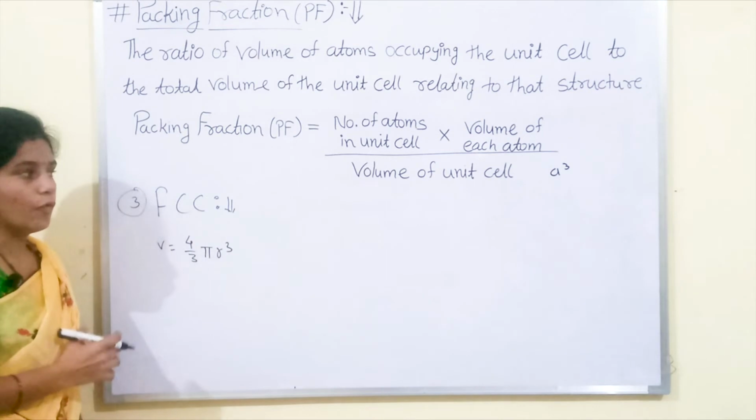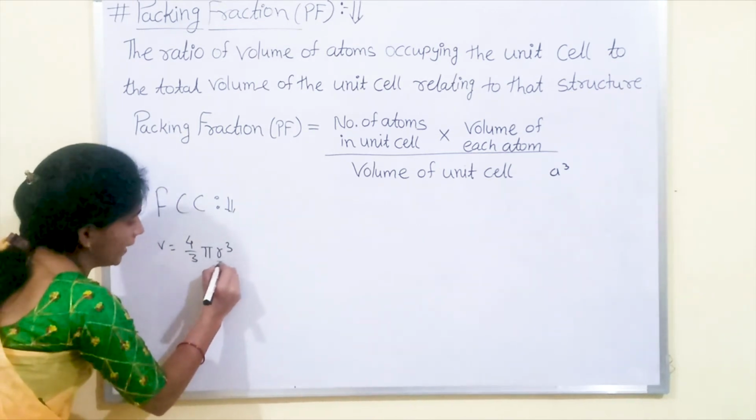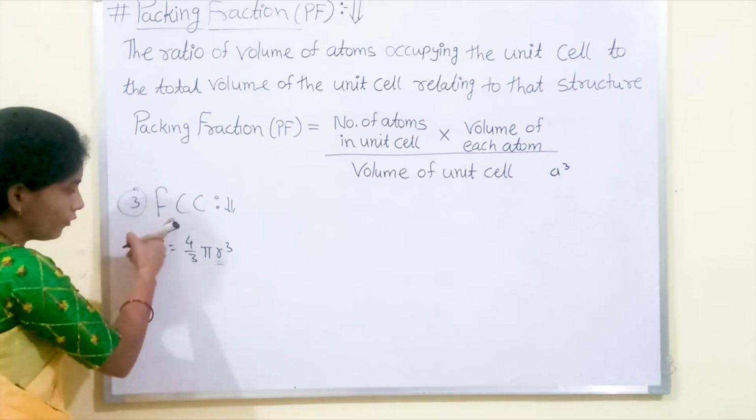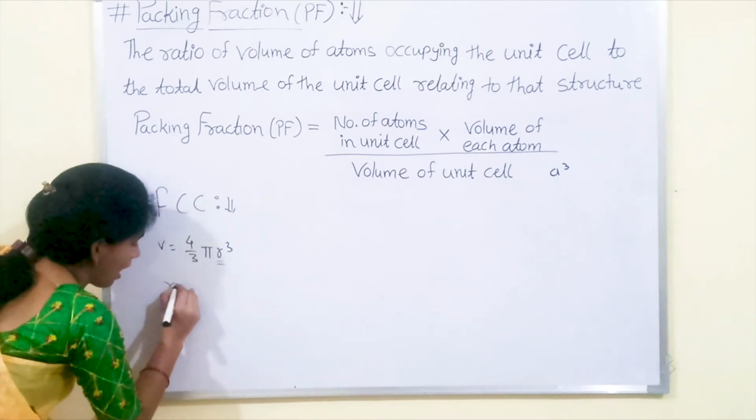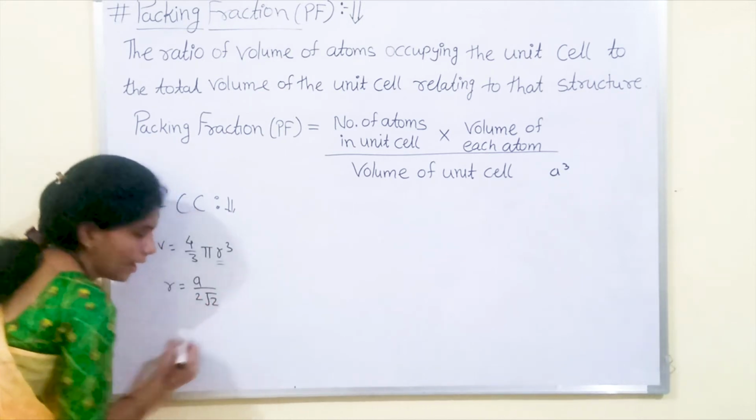Now for the FCC atomic packing fraction, we have to calculate the volume of each atom. There are 4 atoms per unit cell. The radius of the atom for FCC is r equals a by 2 root 2, as we have calculated.